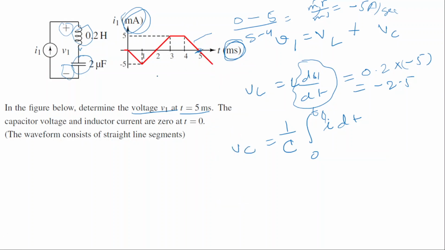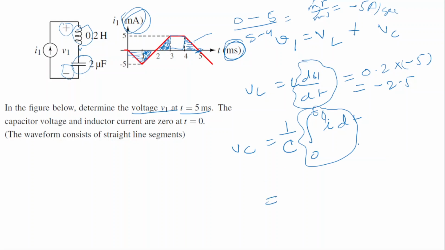So let's see what the area is. With symmetry, we can see this area will be equal to this area, and this area will be equal to this area. This area is what remains.